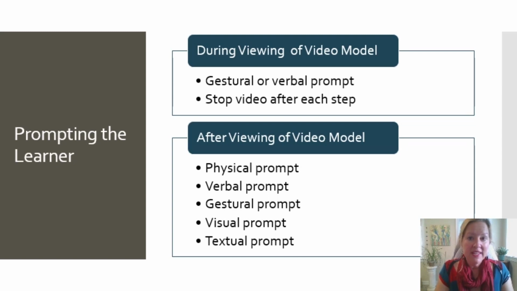During viewing, the adult can prompt the learner to pay attention to the video through gestures or words, and the adult can also stop the video after each step to give the learner a chance to carry it out. After the video has been viewed, and while the learner is performing the task, the adult can use different types of prompting to help the learner succeed.